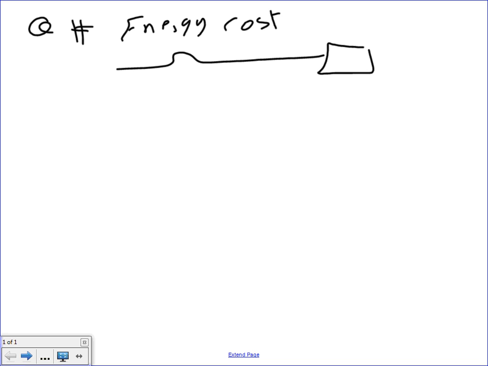Okay, question number one about the energy cost. And here's the question, my friends. I have a bunch of lights. These lights, I have 10 of them, each one of them is 100 watt.